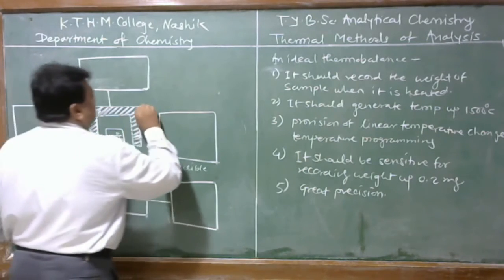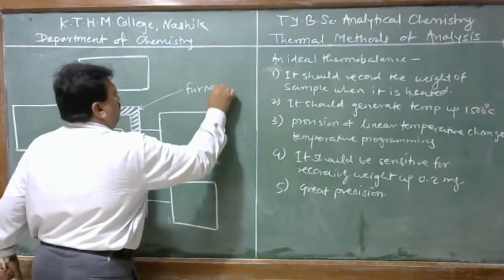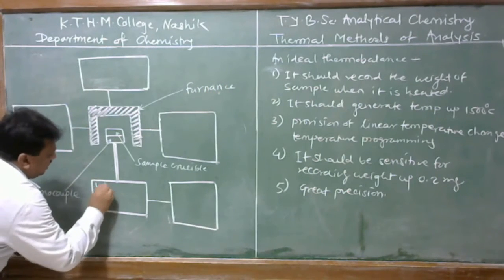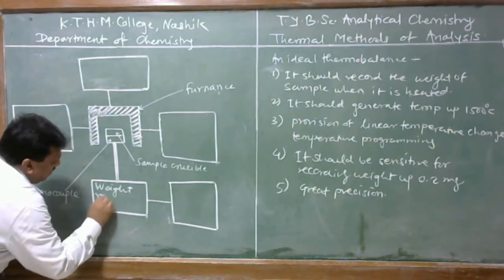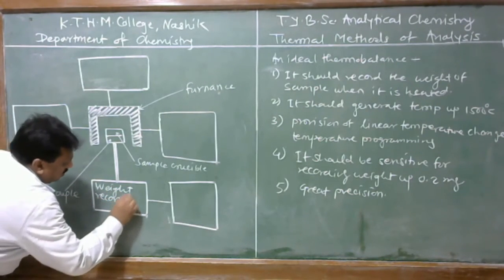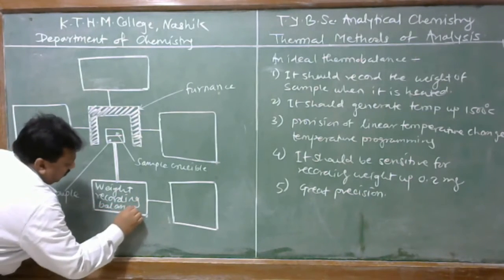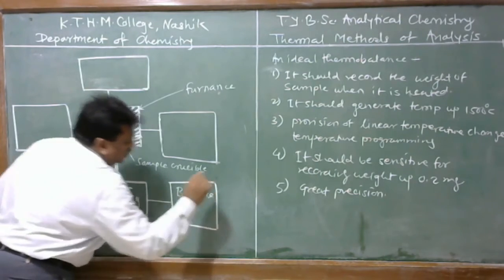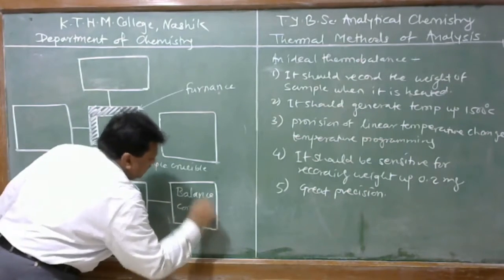This is a furnace. Here this is a weighing balance, a weight recording balance. This is a balance control, that means we can adjust the sensitivity of the balance by using this control.